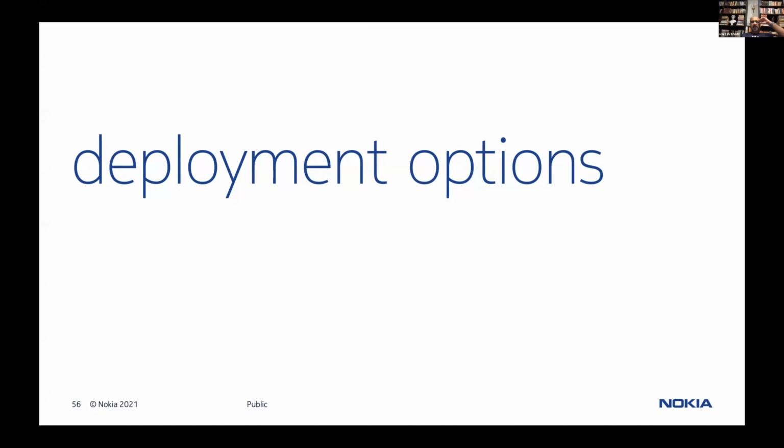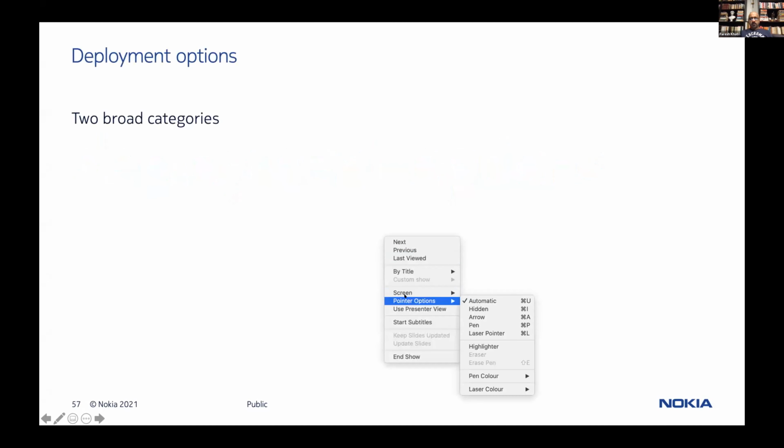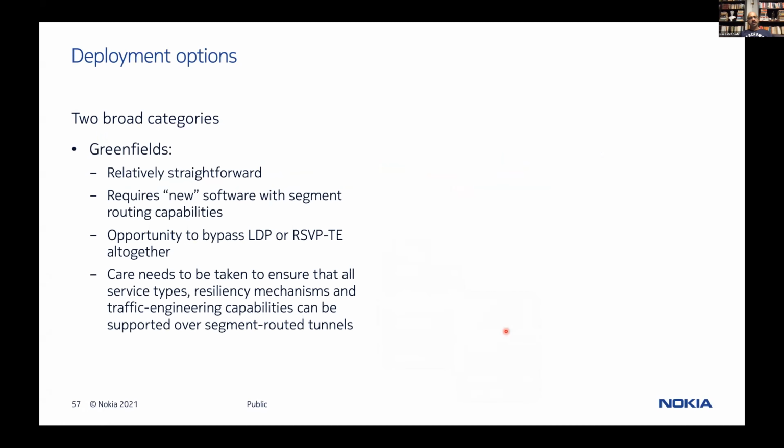So the final section is how do you go about deploying this? And we had a question about this earlier in the session. Now, there are 2 broad categories, as I said earlier. One is greenfields. Now, we know that greenfields don't really exist. There are very few greenfields out there. But in the case of segment routing, it's been a bit different.